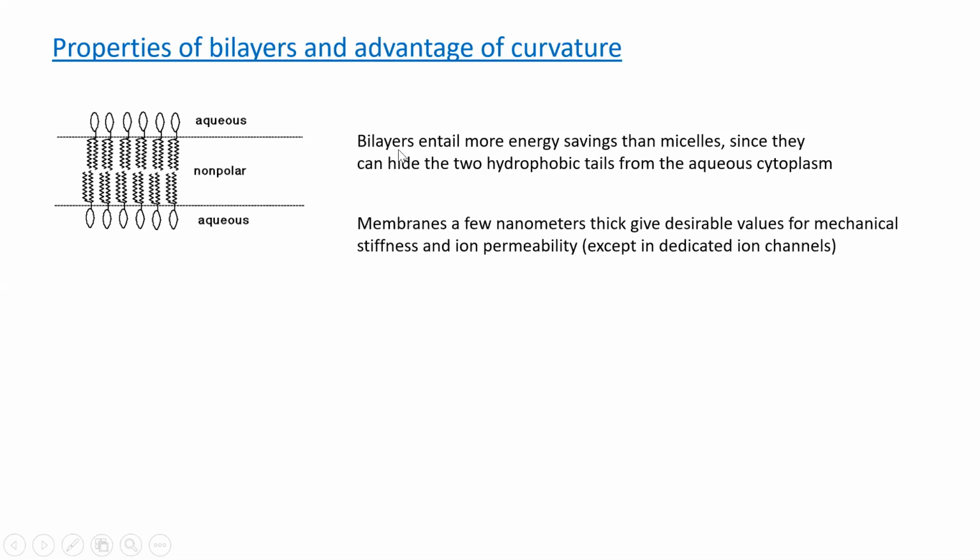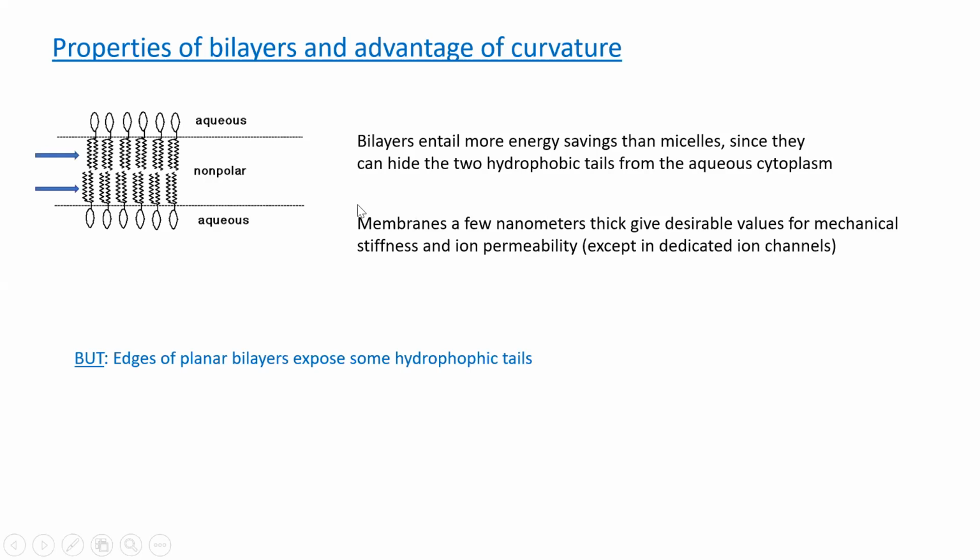Also, bilayer membranes that are a few nanometers across, which is a typical size, give useful and desirable values for properties of the membrane, like mechanical stiffness and permeability to ions like chlorine or sodium or potassium, with the exception of dedicated ion channels in nerve and heart cells. And we'll look at the nerve cells, the neurons, near the end of the semester.